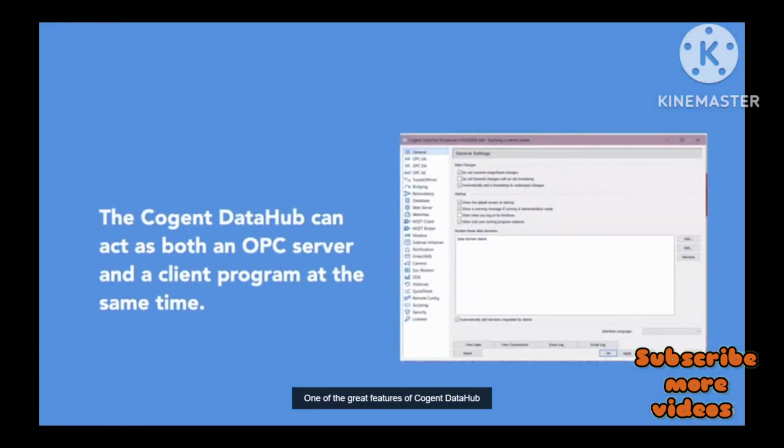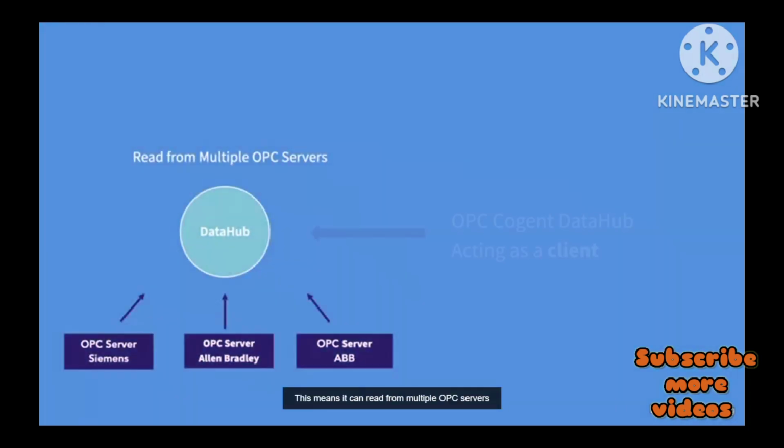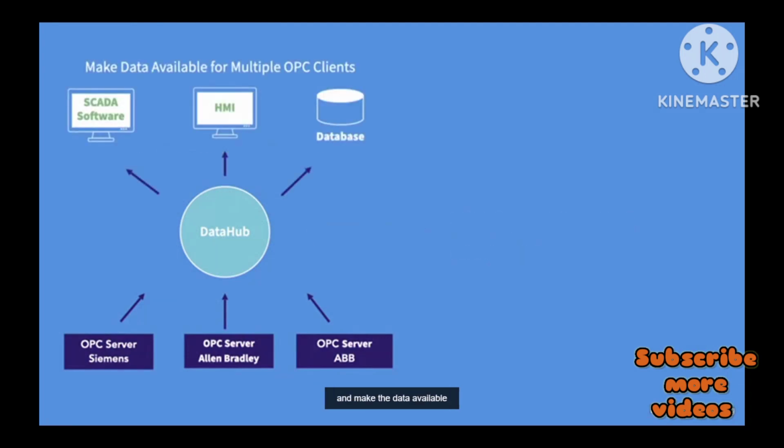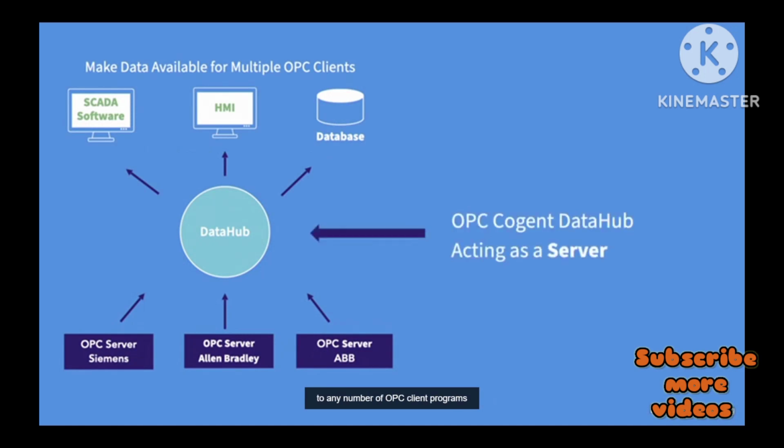One of the great features of Cogent Data Hub is that it can act as both an OPC server and OPC client at the same time. This means it can read from multiple OPC servers while acting as a client, and make the data available to any number of OPC client programs while acting as a server.